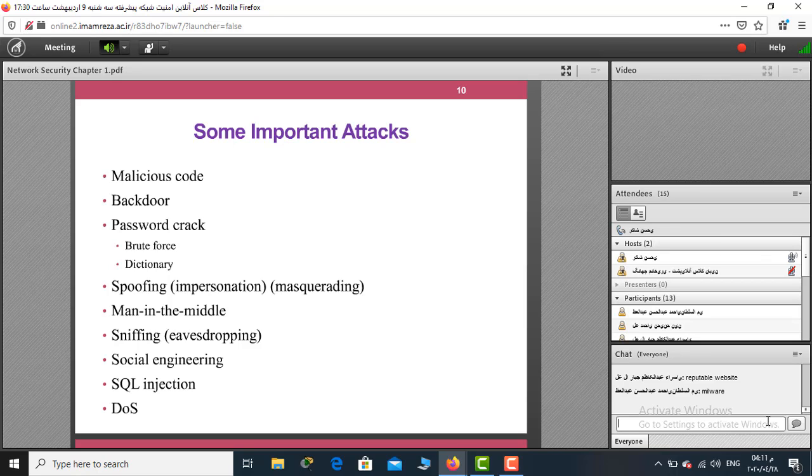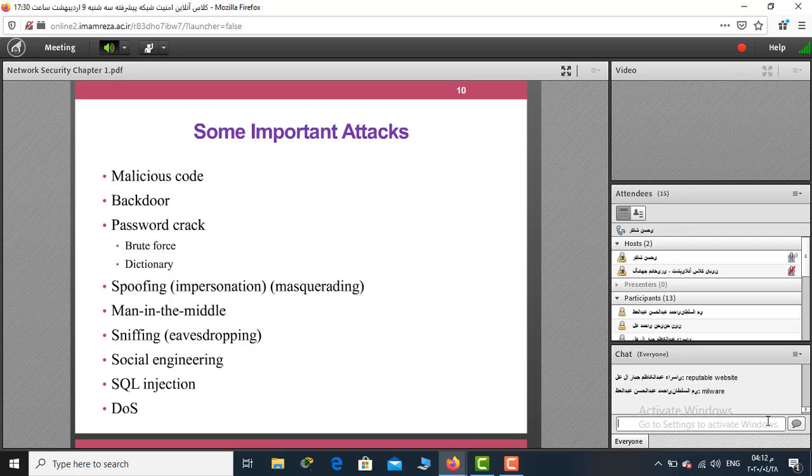Usually a programmer or a software development team embed and create a backdoor in their program. That is, they consider a private point for accessing the program for themselves, and it is very useful for them to rapidly test the program and find the bugs.